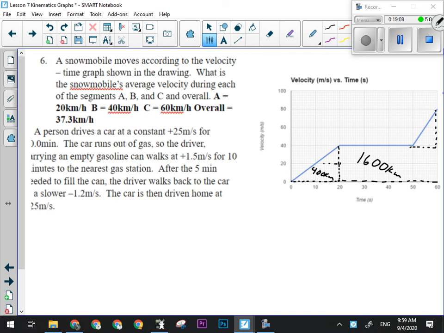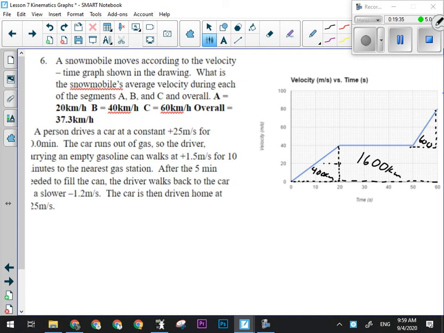And then I've got this small triangle up here at the top where it's accelerating again. Its average velocity is going to be 60. That happens for 10 hours, so 60 times 10, this is going to be 600 there. All right. So now that we're looking at these, we want to add them together.